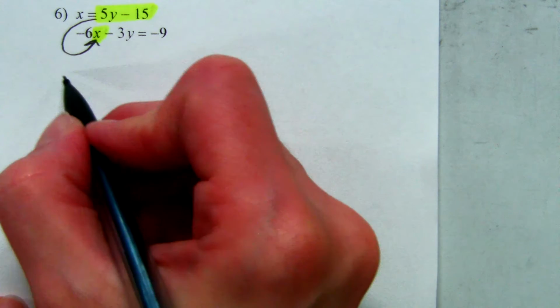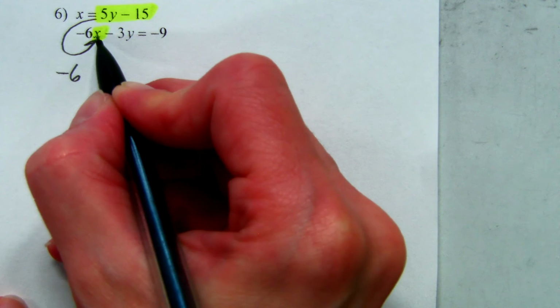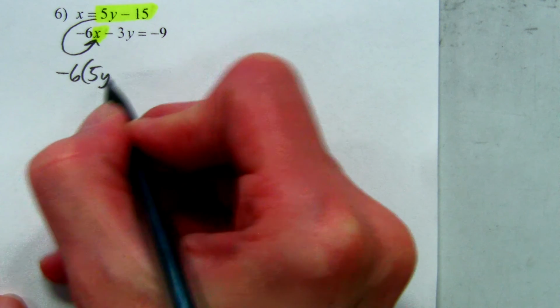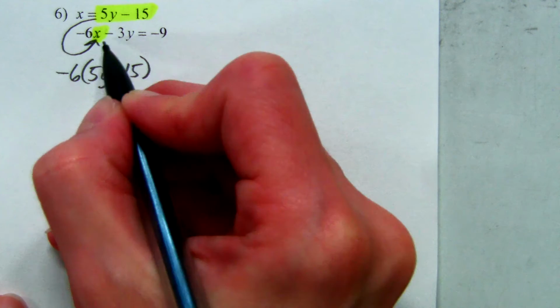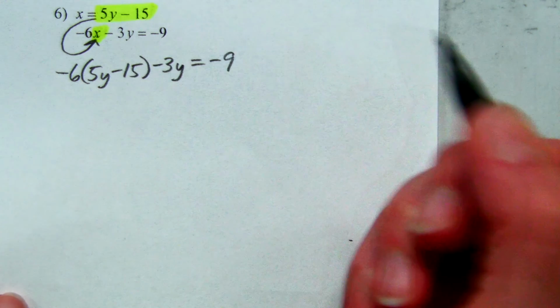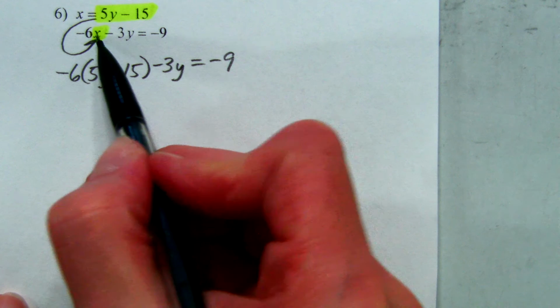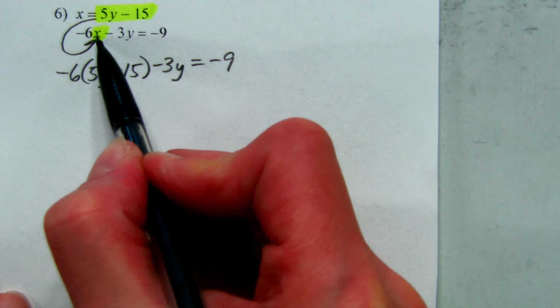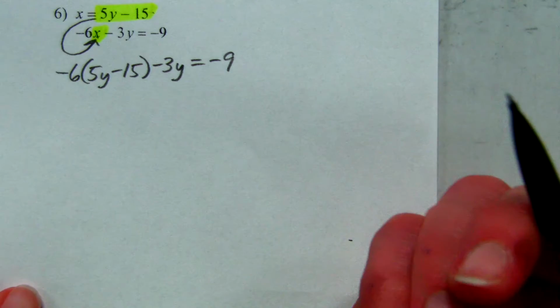So I'm going to keep the -6, but I'm replacing x with 5y minus 15. And then minus 3y equals -9. It's just the rest of the equation that was there. We're just replacing that one piece, that one variable, with this expression.